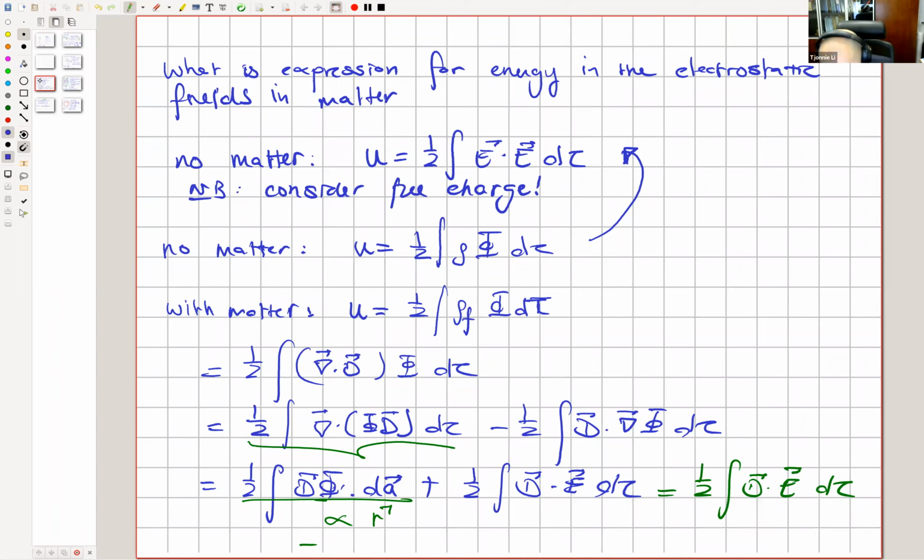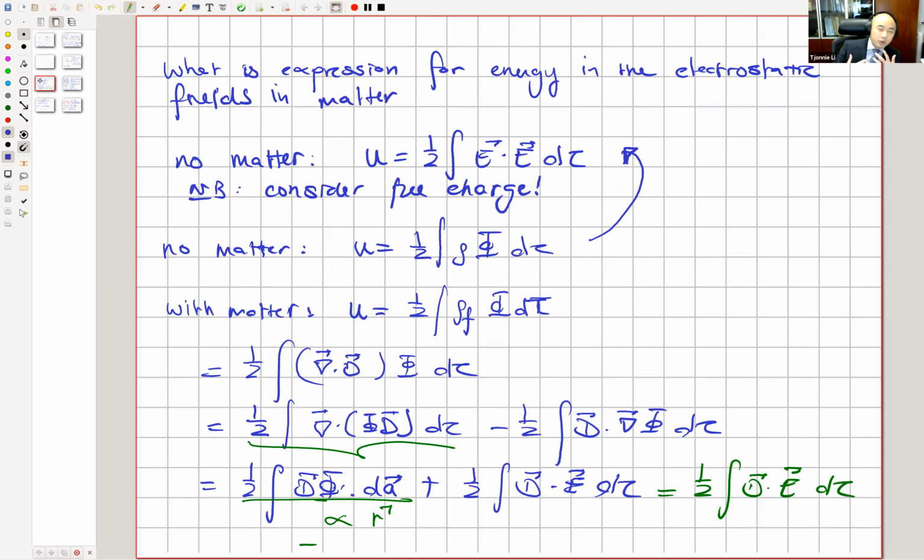Okay, so the last thing that I wanted to mention is something a little bit related to the problem set. I don't know how many of you have started looking at it. There's one problem where you're asked to look at a dielectric material that is placed inside a uniform field, and the question is, what happens there?